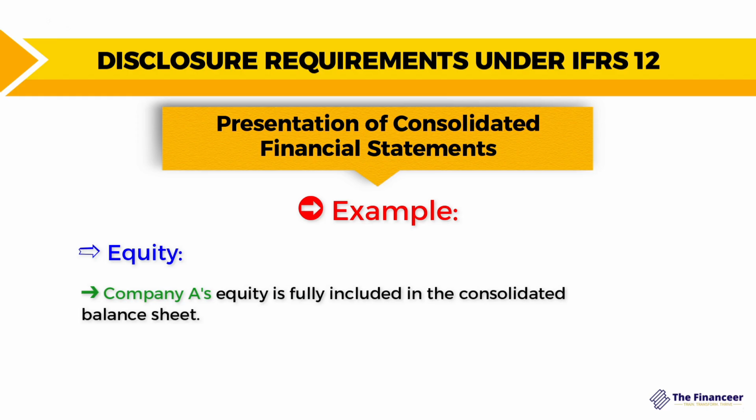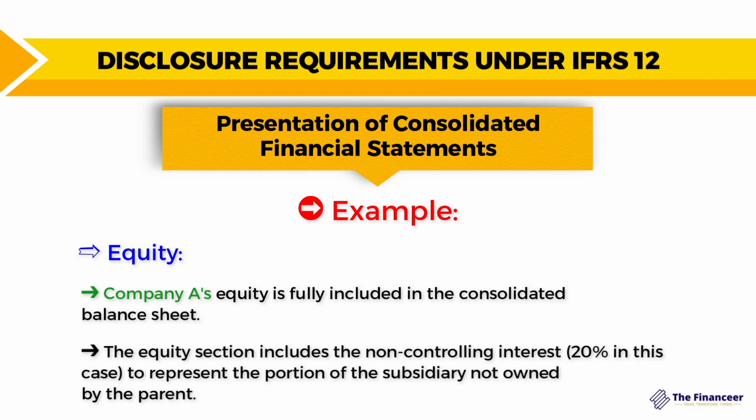When it comes to the equity, be careful, because company A's equity is fully included in the consolidated financial position. And the equity section includes the non-controlling interest, which is 20% in this case, to present the portion of the subsidiary that is not owned by the parent. So when it comes to the equity, only the capital of the parent is included and the capital of the subsidiary is not included.